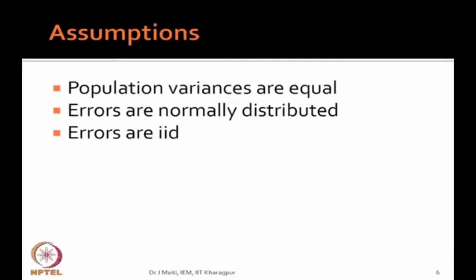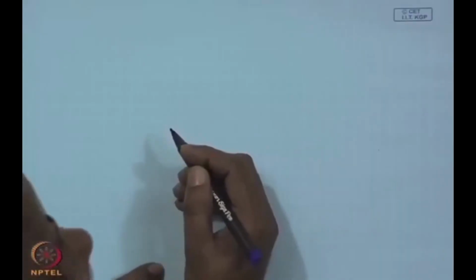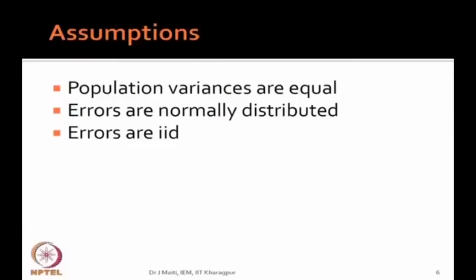Like other models, ANOVA comes under the univariate model. Like any statistical model, ANOVA also requires certain assumptions to be satisfied. These assumptions are that the population variances are equal.